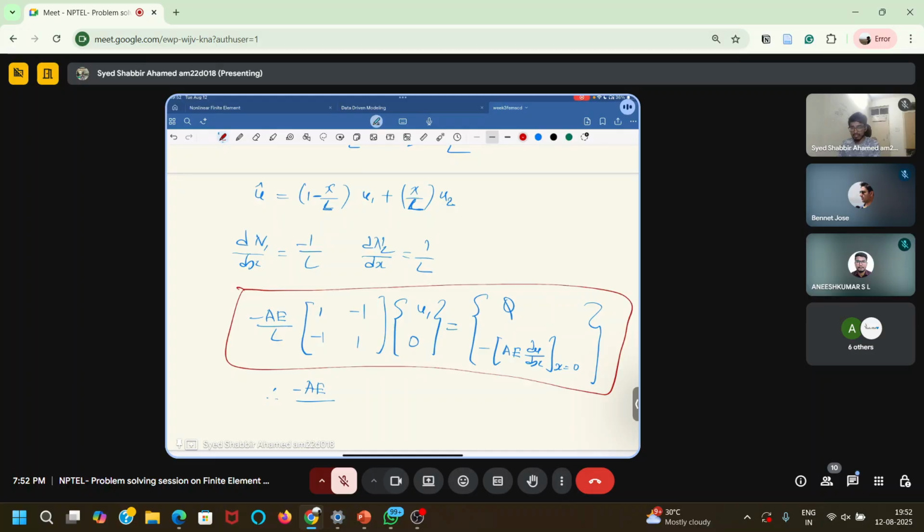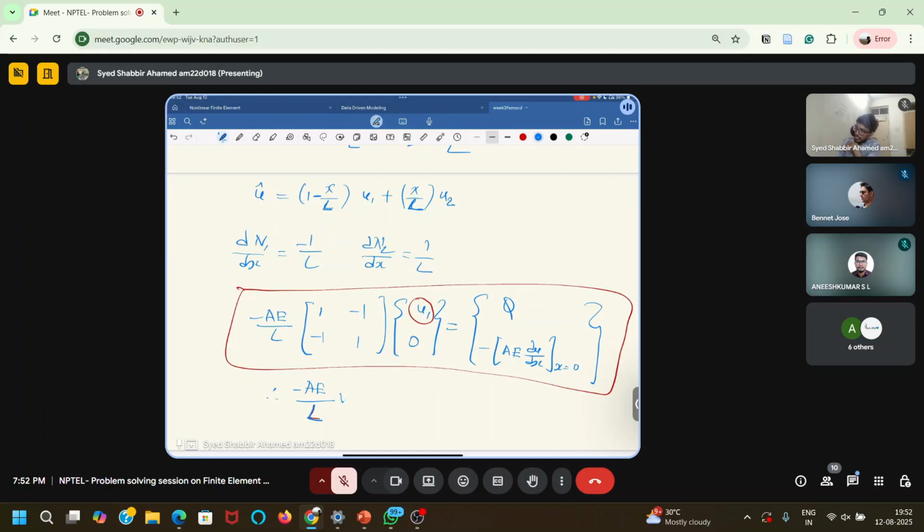If you write a code, computers will do it in a very efficient manner because you are already assuming the solution and you just want to find out the coefficients of that solution. So instead of doing the integration, the whole problem has been boiled down to an algebraic equation.